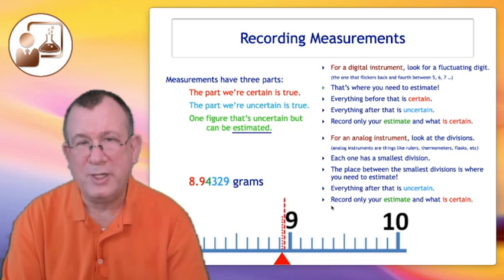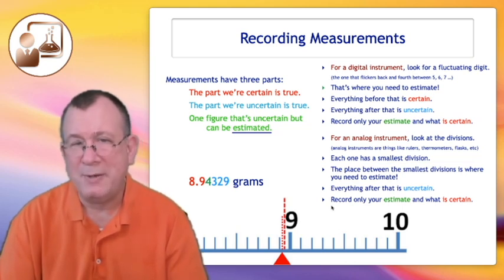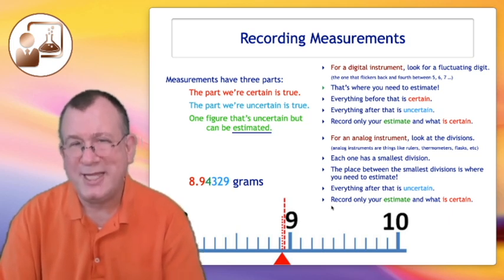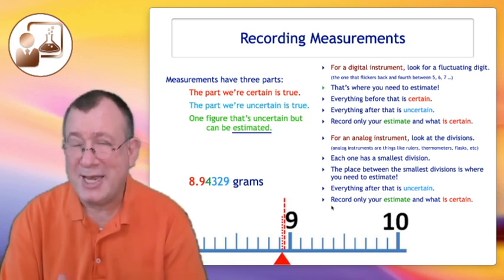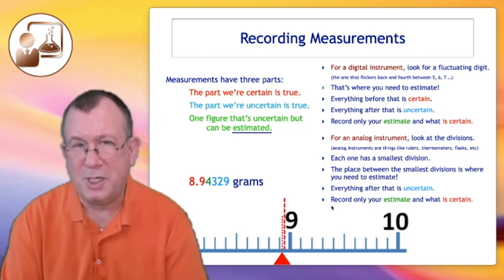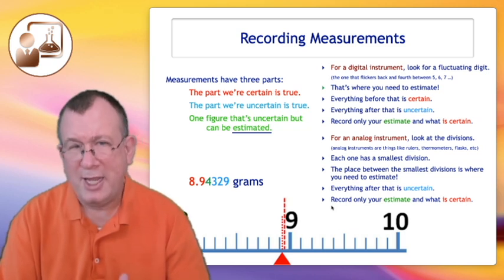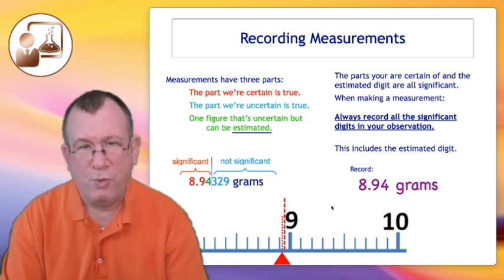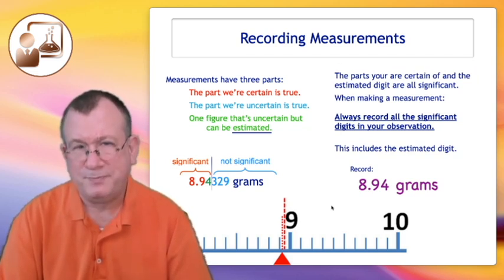Now, if you saw this a little bit differently than me, and it looks like it's not 0.4 but it's 0.3, and you recorded 8.93, neither of us is more right than the other person. There is always some uncertainty in that measurement, and nevertheless, you are obliged to make that estimate between the smallest two marks on your graduated instrument. You're always obliged to make a reasonable estimate. And 8.94, 8.93, these are both reasonable estimates.